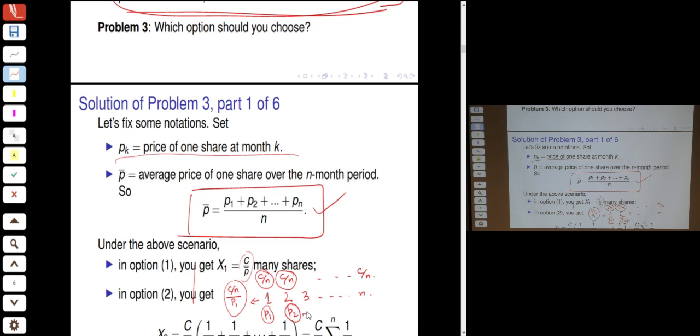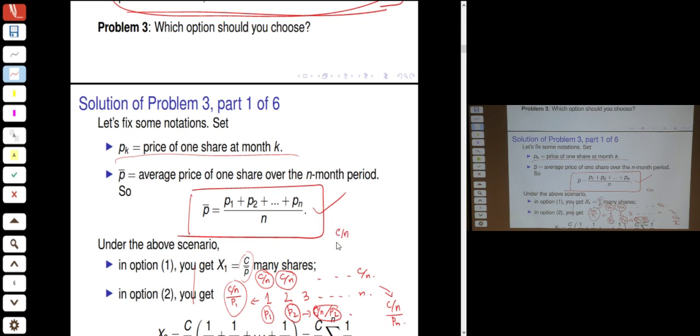So I will get in total for the second month C over n over P2, okay, and similarly for the third month you will get C over n divided by P3, and so on until in the nth month you will get C over n divided by Pn. So how many shares did you get in total?